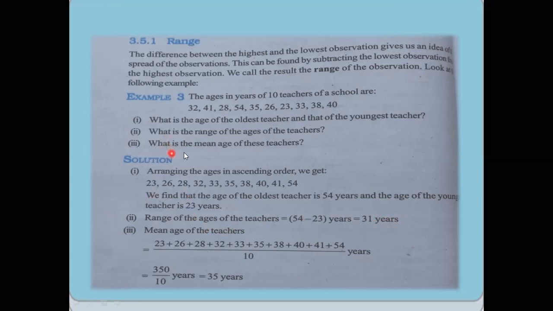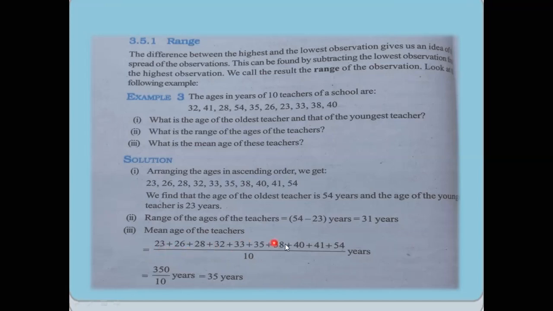One more question they have asked: find the mean age of these teachers. As we have learned previously, the arithmetic mean is the sum of the ages of all the teachers divided by the number of teachers. You have to add all these ages, and the number of teachers is 10.